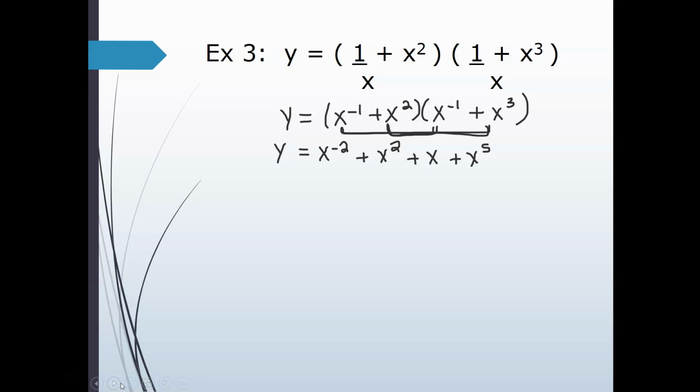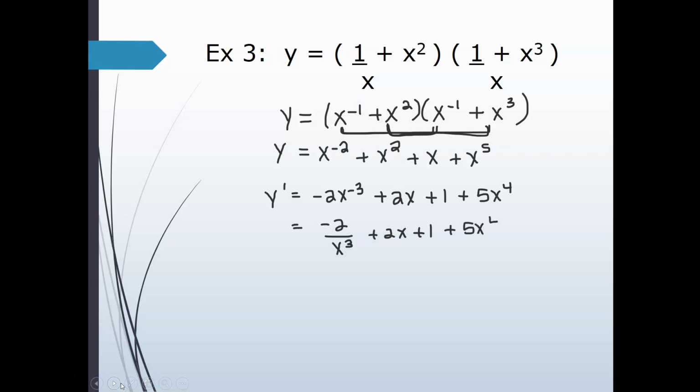Or the product rule. It's just very messy. Because now my derivative becomes negative 2x to the negative 3 plus 2x plus 1 plus 5x to the 4th, which becomes negative 2 over x cubed plus 2x plus 1 plus 5x to the 4th.